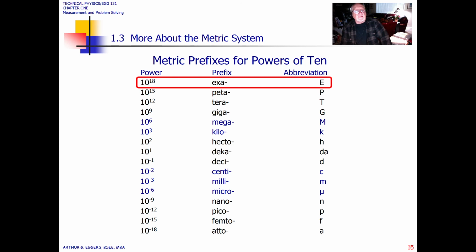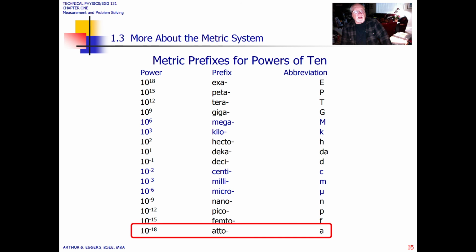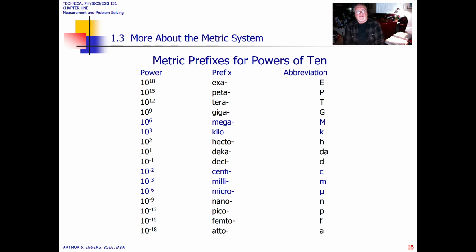If we look at 10 times itself 12 times, we have a unit of tera. If we go to the opposite extreme, 10 to the minus 18th, we have a unit of atto.